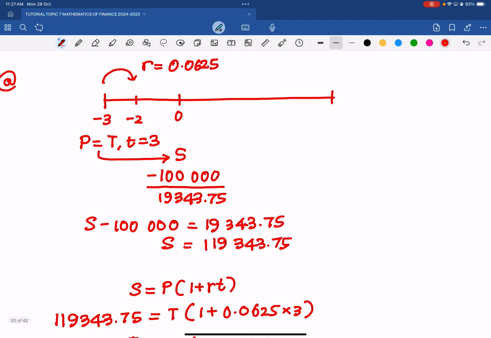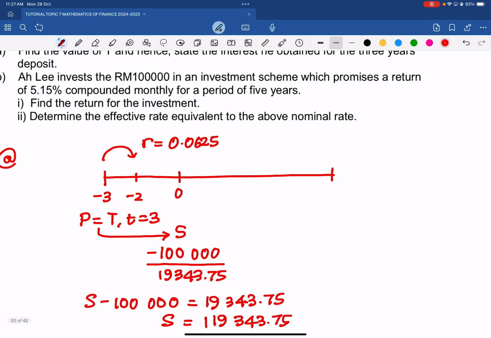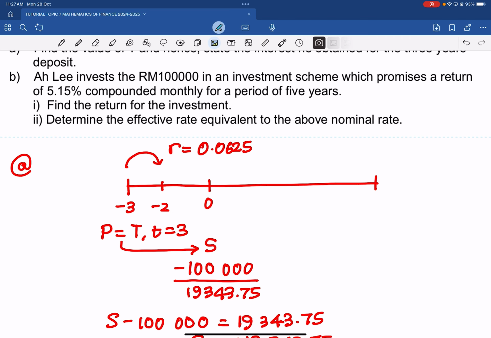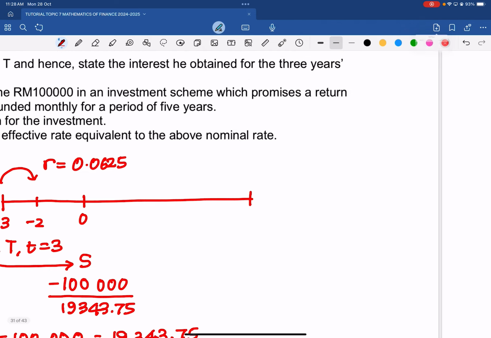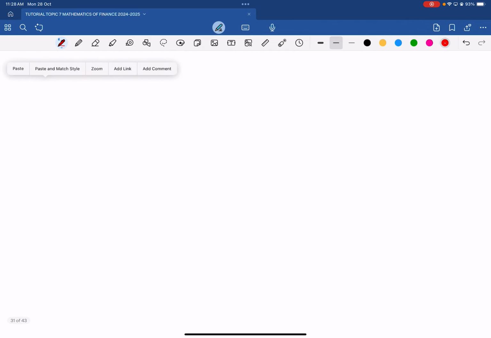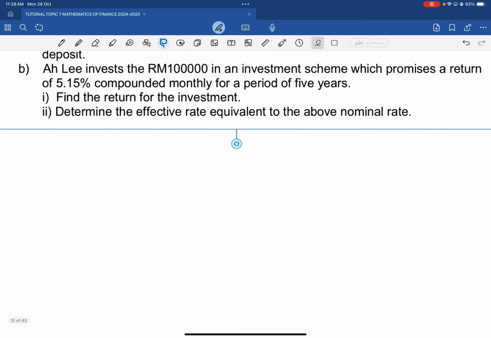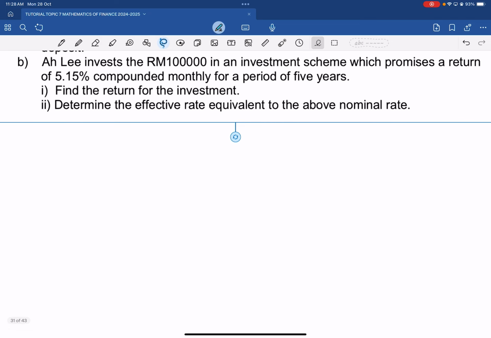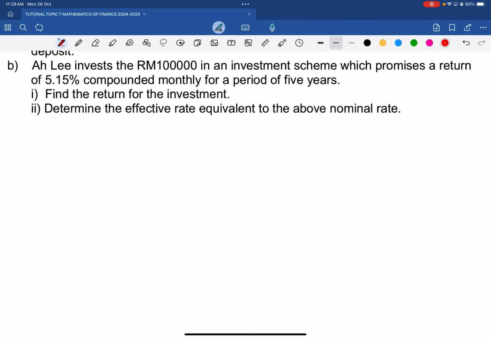Alright, what's next? Question B. Is question A related to B? No relation. Okay, let's choose another timeline.